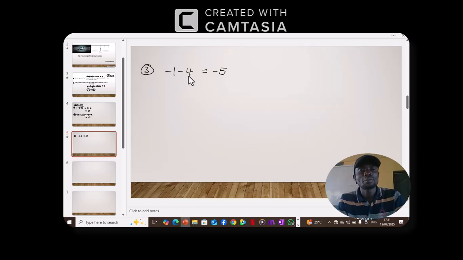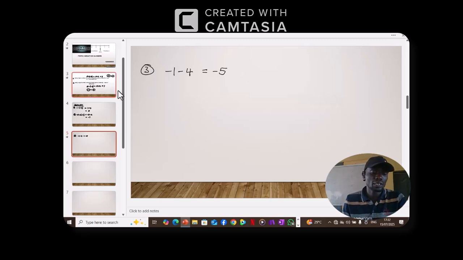When you have minus 4, it means debt. So you have a debt of 1, you have a debt of 4, so you are going to have a debt of 5. That is a simple analogy to understand this negative numbers issue.